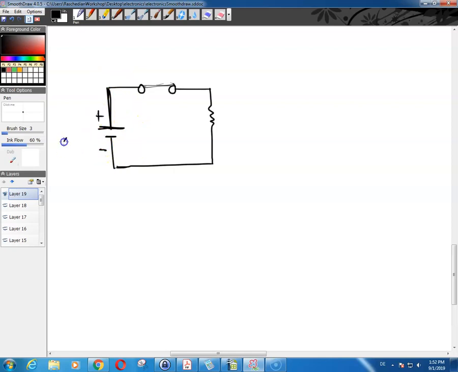This is positive, negative 10 volts, and this is 10 ohms, and this is a closed switch. I want to know what is the current flowing through the switch.